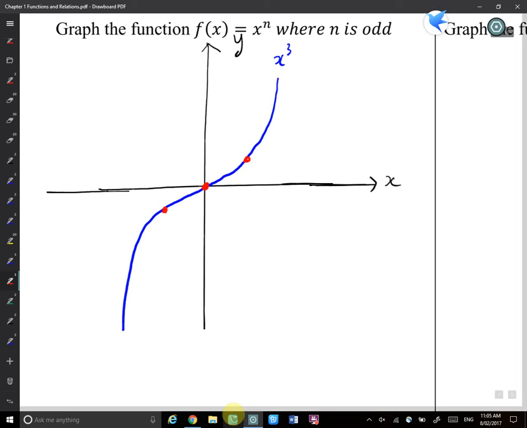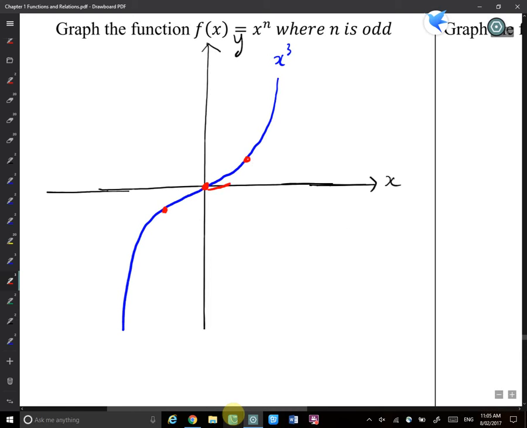So we need to have our graph lower at this point and go up here. The graph needs to be lower here and then higher here. That should be the point of intersection.